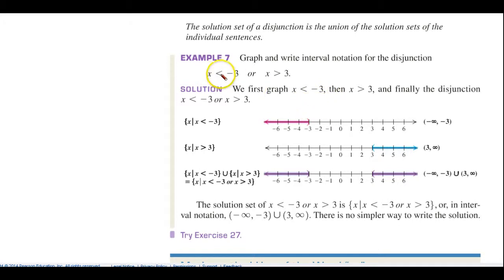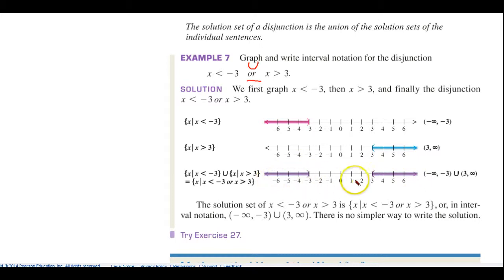So we said x is less than -3, or this is union, x is greater than 3. So there's the first. There's the second. And now when we put them in union, we will have to join this part with this part. So how do we write this in interval notation?